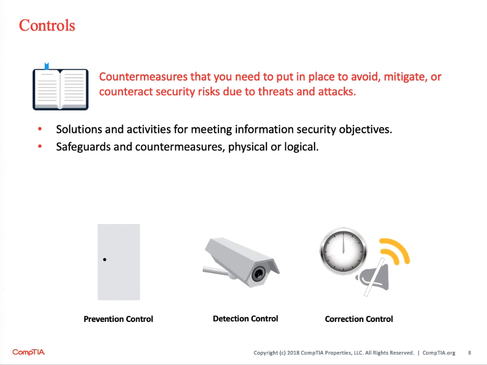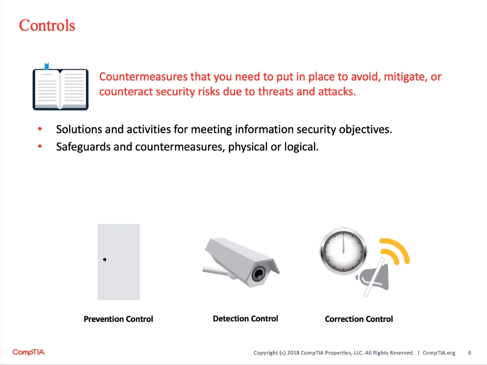Controls. So when it comes to controls, these are going to be countermeasures that we need to put into place to avoid, mitigate, counteract security risks due to threats and attacks.